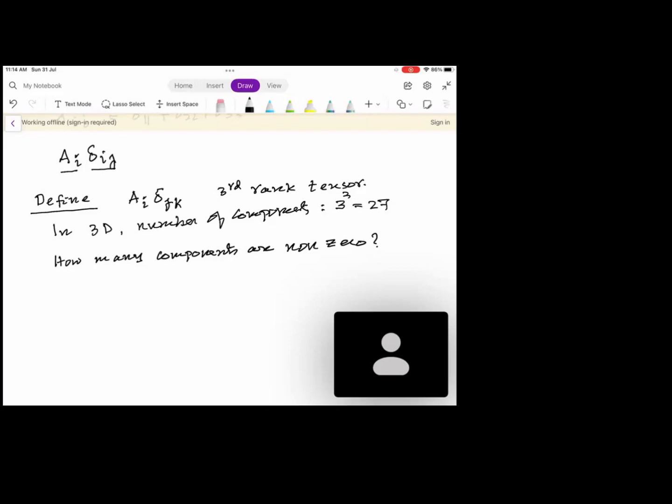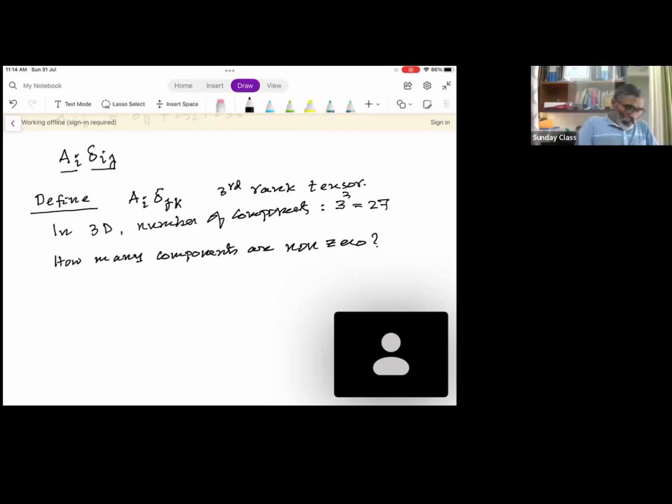So the reverse process is also to be taken. What I'm saying is, let me call this Tijk equal to AI into delta JK. What does that mean? I can take values 1 to 3. J can take values 1 to 3.